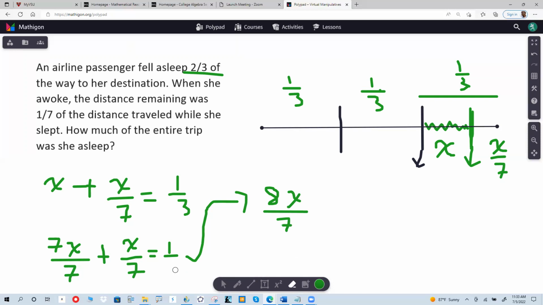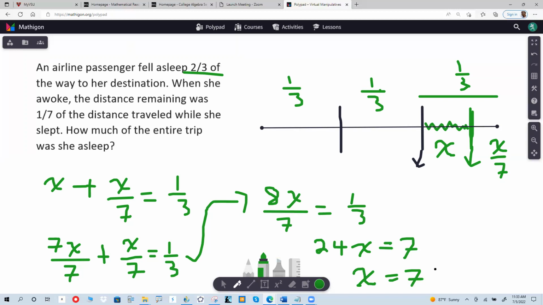And I'm sorry, this is 3. And this is 1/3. So what's x? You can cross multiply. 3 times 8 is 24, 24x. 7 times 1 is 7. What's x? X is 7 over 24.